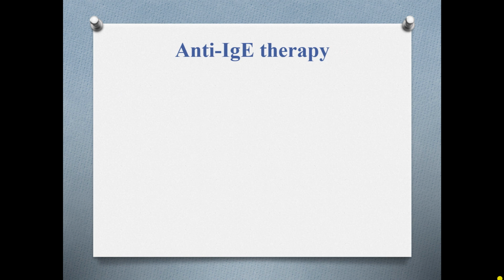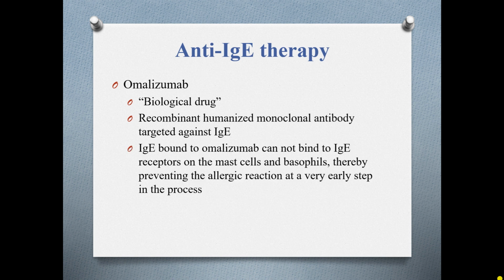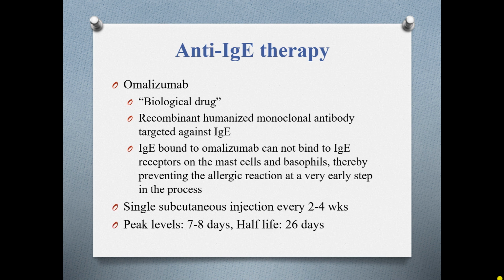Next type of drug is anti-IgE therapy. The drug available is omalizumab, which is a biological drug, a recombinant humanized monoclonal antibody targeted against IgE. IgE bound to omalizumab cannot bind to IgE receptors on the mast cells and basophils, thereby preventing the allergic reaction at a very early step in the process.